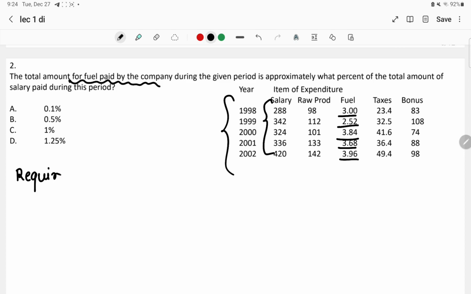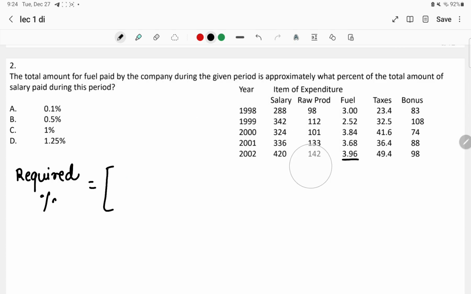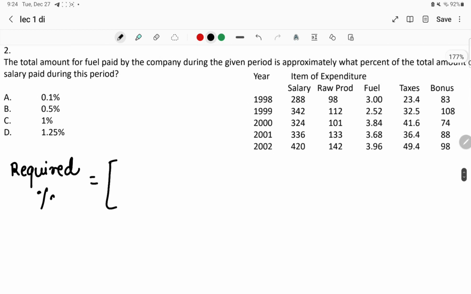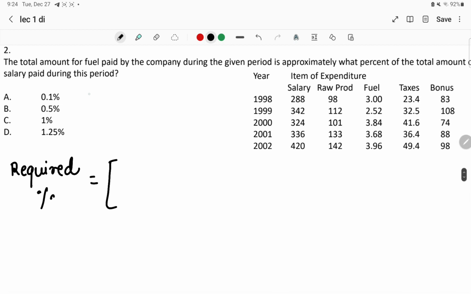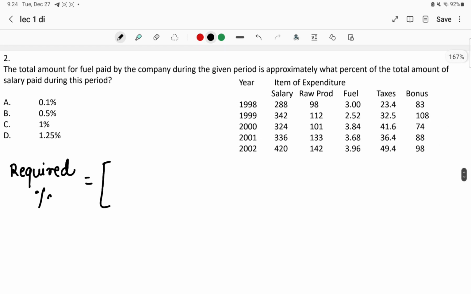Required percentage is equal to, first try to understand what they have asked. Amount paid for fuel by the company is what percent of the total amount paid by the company for salary purpose.